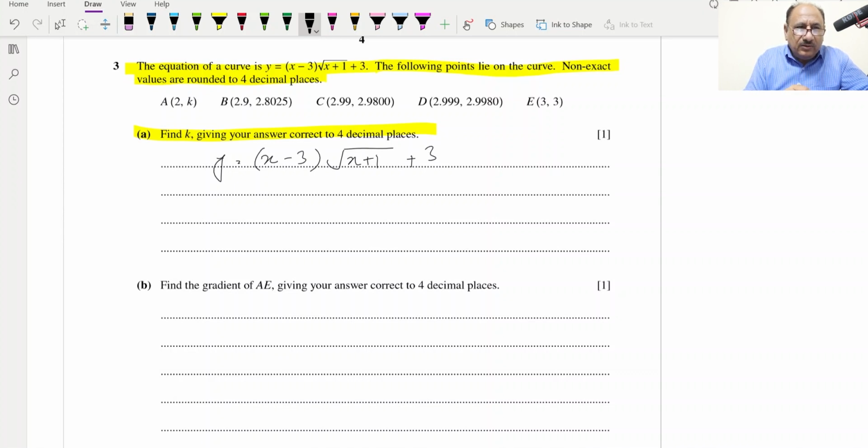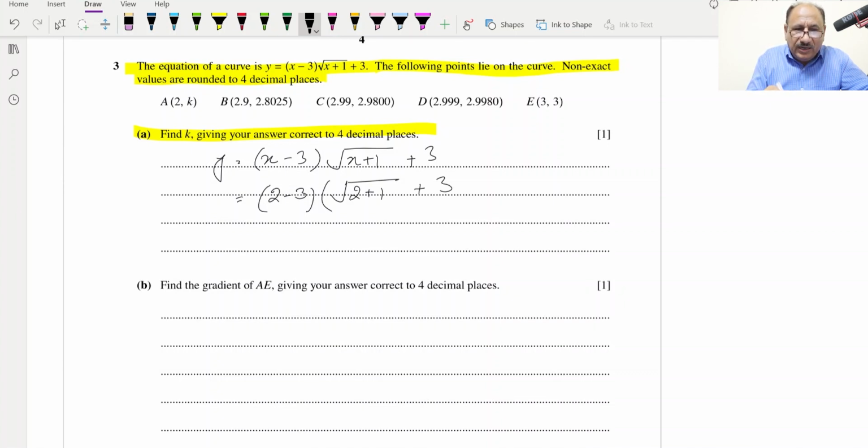Now if we replace x, for example, if x is replaced by 2, it will be 2 minus 3 under root of 2 plus 1, and plus 3.